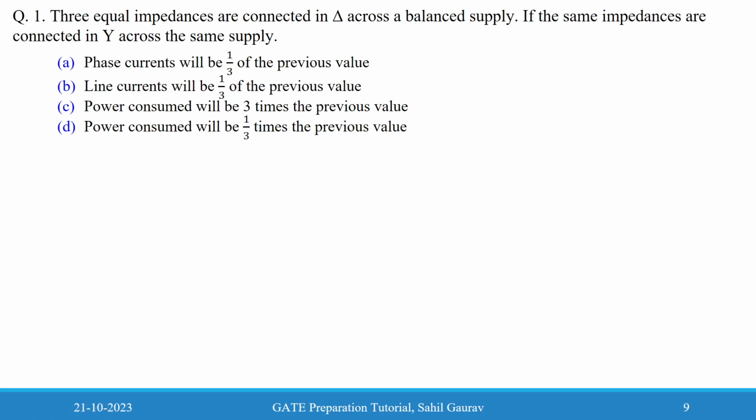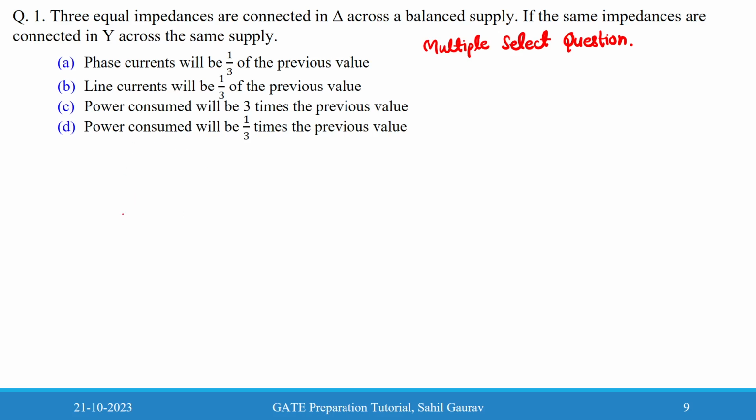There may be multiple answers for this problem, more than one choice can be correct. Whoever gets the answer, type your answer in the chat box, or if you want to speak, you can tell.